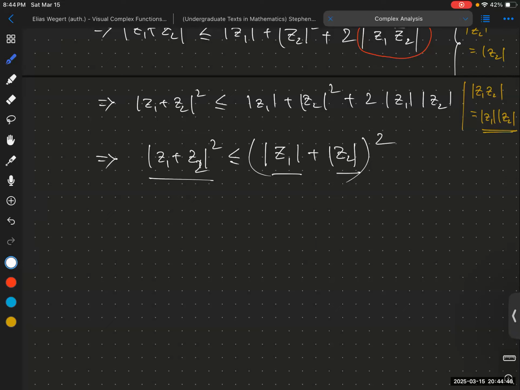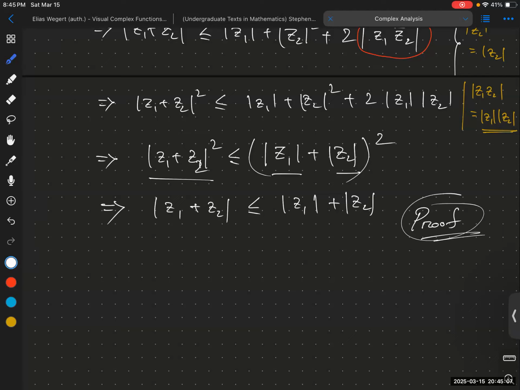That means all the terms here are non-negative. So we can just take the square root. If we do the square root, it will be something like |z1 + z2| is less than or equal to |z1| + |z2|. So yes, this is our beautiful triangle inequality, and hence the proof is completed.